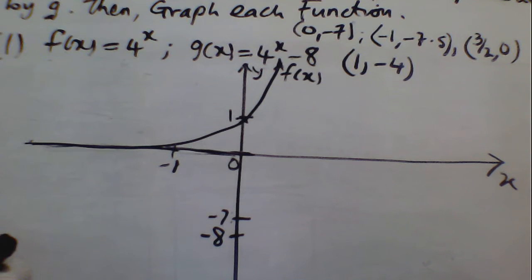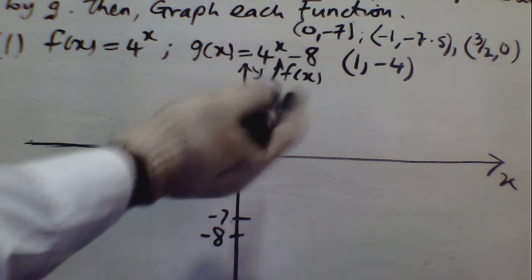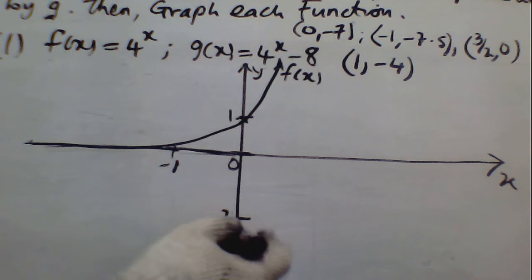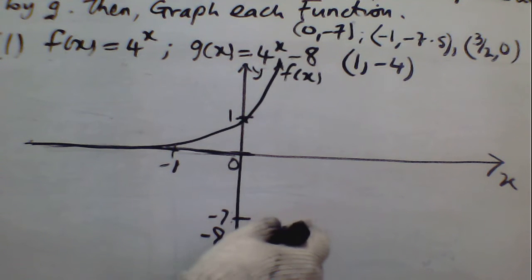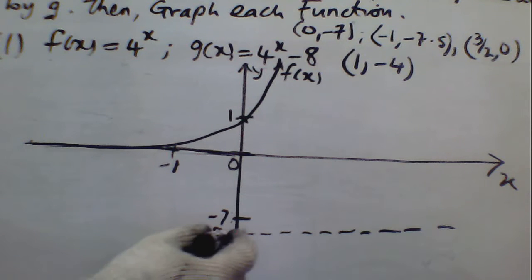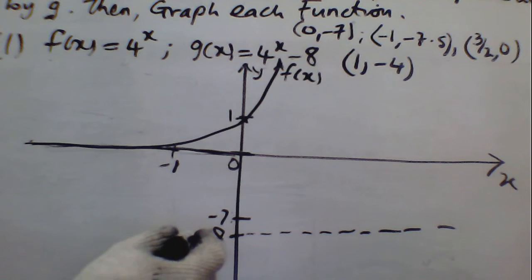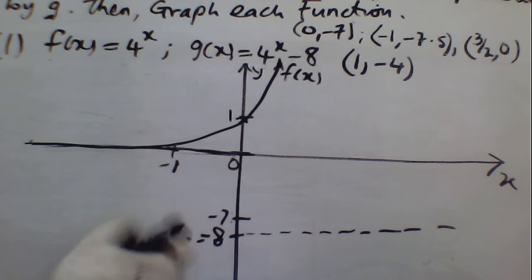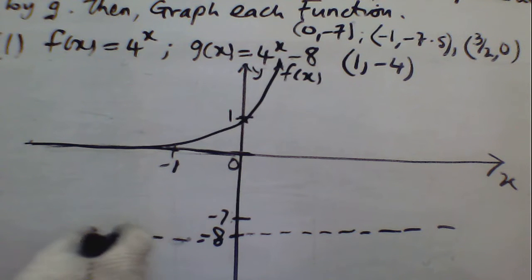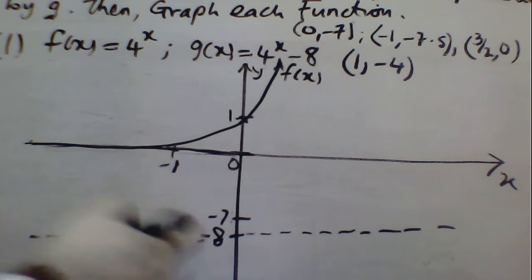So notice that here we have minus 8. So minus 8 here acts as what? Our horizontal asymptote, which means there are no values of g of x that will go below minus 8.